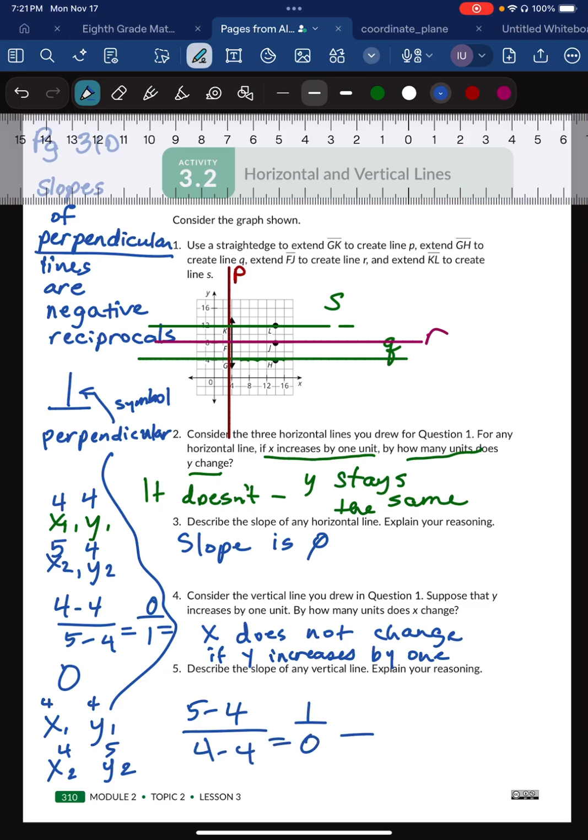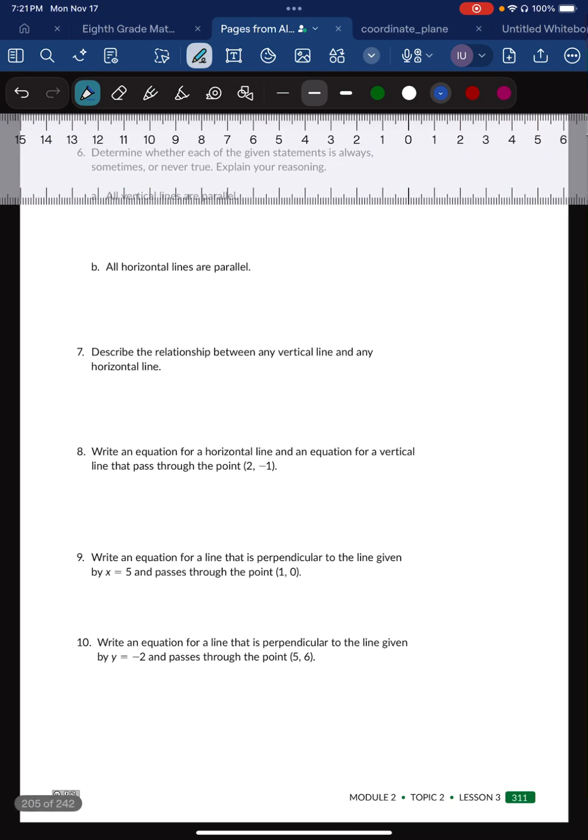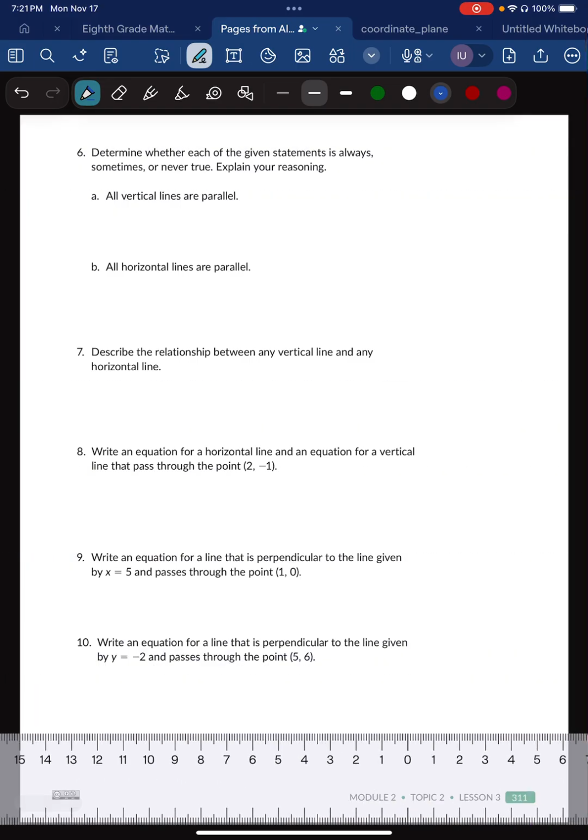That gives me 1 over 0, and that is undefined. So we need to memorize that the slope of a vertical line is undefined and the slope of a horizontal line is 0. We've gone over that several times this year so far. So now we've got that memorized and we kind of know exactly what that means. Okay, so let's move on to the next page.